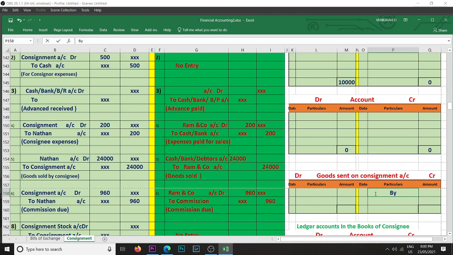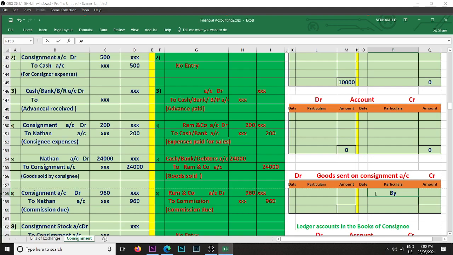There is no advance. Next, consignment account debit to Nathan account for consignee expenses. Consignment account debit side to Nathan account, amount is 200.